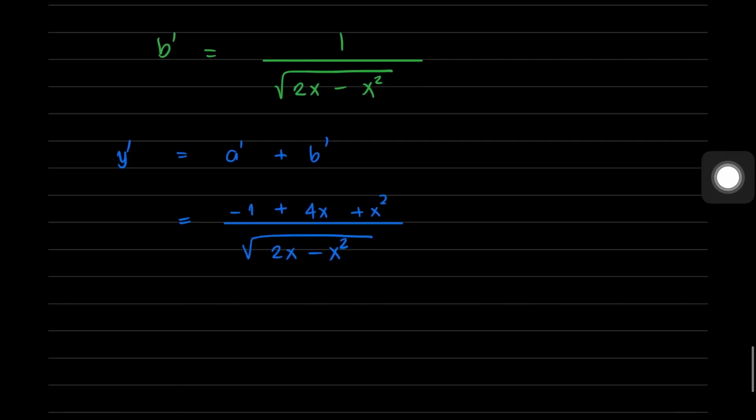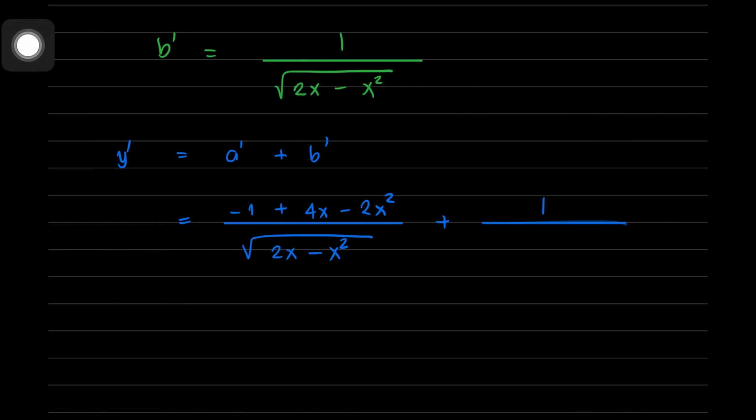So let me just check that one. Alright, so this is minus 2x squared. Plus b prime, which is equal to 1 all over the square root of 2x minus x squared.